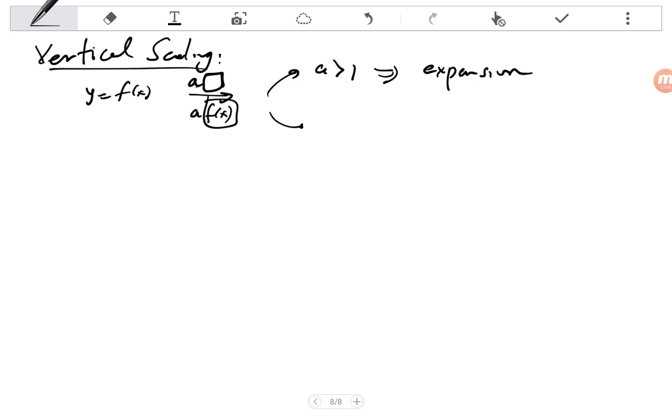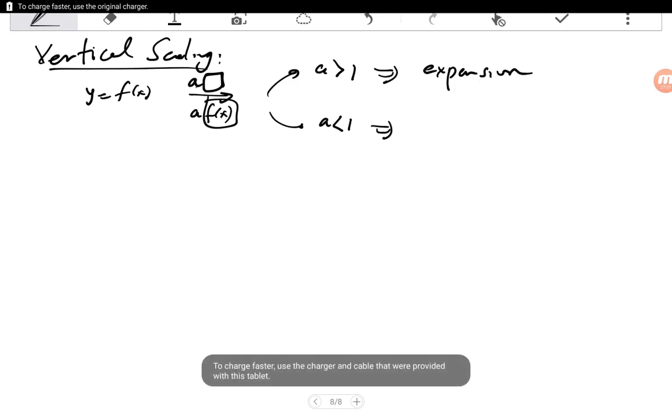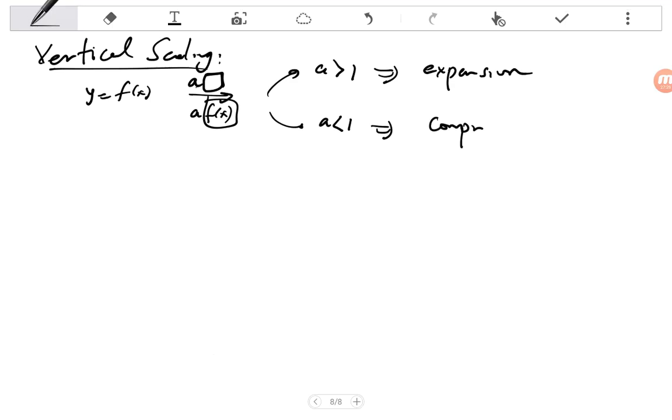A greater than 1, you are just expanding the function vertically. Now if I have a less than 1, we are making a compression vertically.